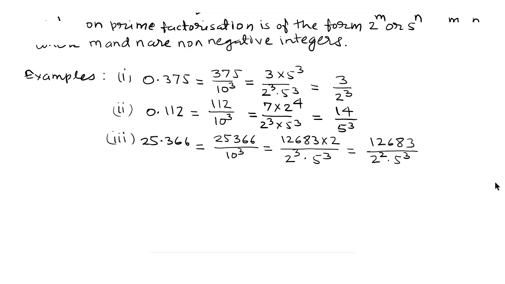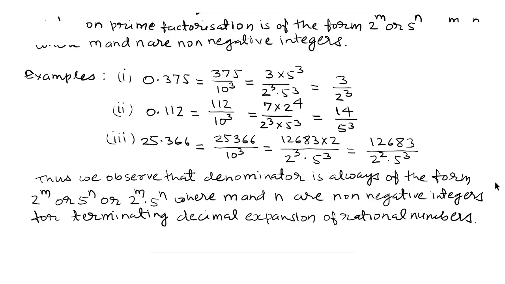Here on prime factorization of the denominator and solving it, we get 2 to the power 2 and 5 to the power 3, or 2 to the power m into 5 to the power n, where m and n are non-negative integers. Thus we observe that the denominator is always of the form 2 to the power m or 5 to the power n or 2 to the power m into 5 to the power n, where m and n are non-negative integers, for terminating decimal expansion of rational numbers.